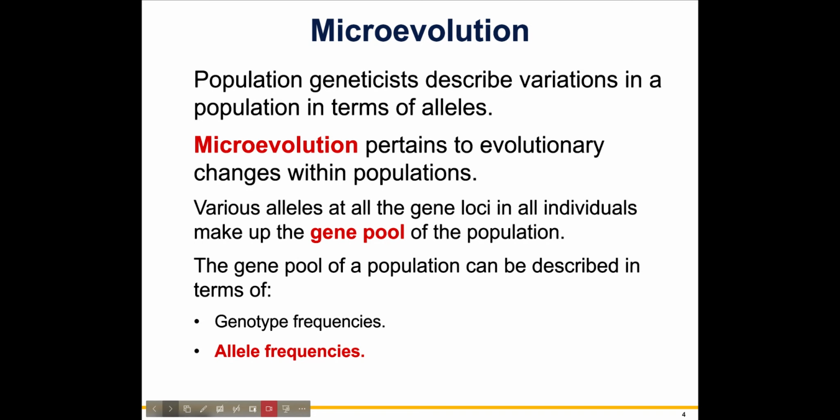And so we can describe our population by genotype frequency and then the alleles. If we remember, genotype, that's your genetic code. Are you homozygous dominant? Are you heterozygous? Are you homozygous recessive? What is that actual genetic code? And then your alleles are dominant alleles and recessive alleles.